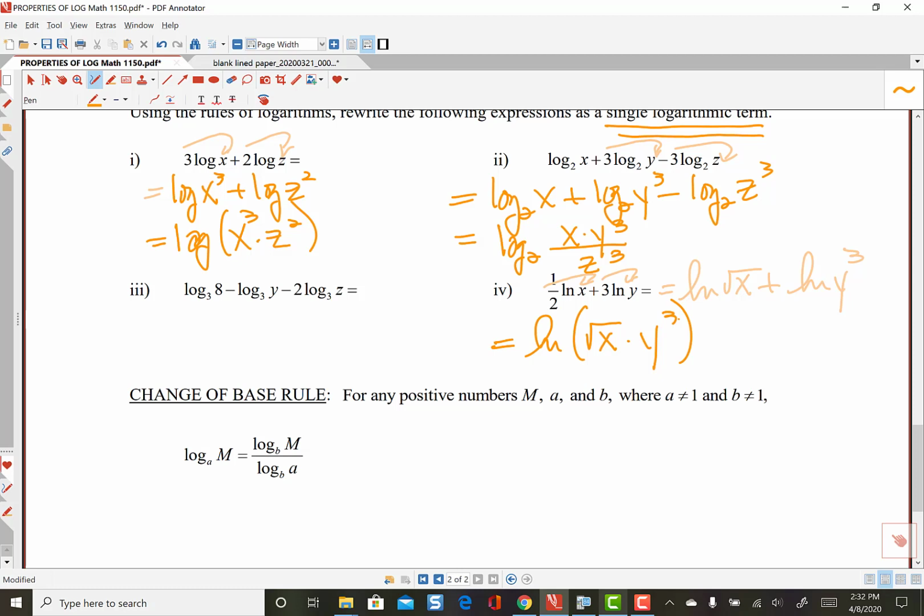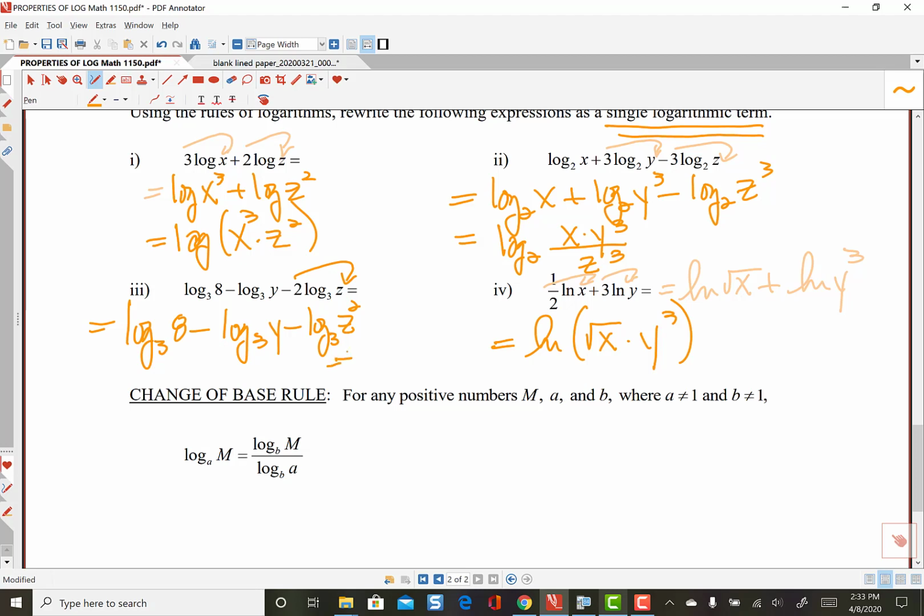Okay, so let's see. On this one here, I've got an exponent. Now, let's write this as, how about the log base 3 of 8 minus the log base 3 of y and minus the log base 3 of z squared. Now, when I go to write this in a single log term, anything being subtracted needs to go into the denominator.